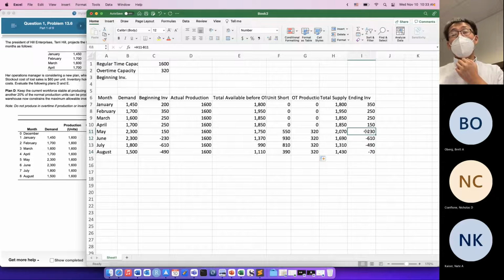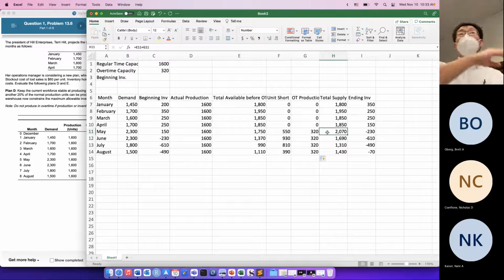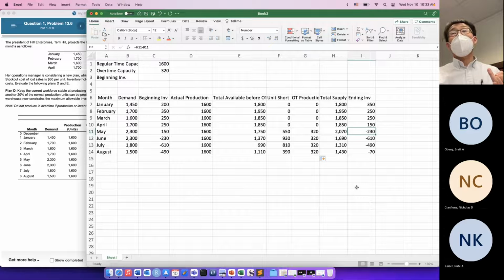That means we are this many units short, even considering all the beginning inventory, actual production, and overtime production. Still we are 230 short. If you ever allow back order, those will become back order to bother you in the next period. But we're not considering back order, luckily.